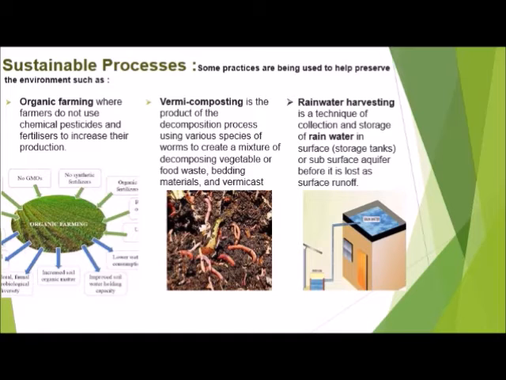This helps in better quality, chemical free crops while at the same time maintaining the soil quality for future use. Similarly, other practices like vermicomposting and rainwater harvesting are being followed to preserve and protect the environment.